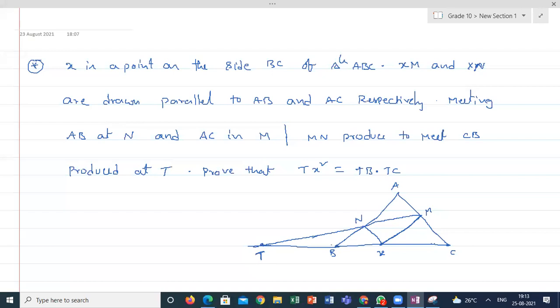TB and TC are related to which triangle, guys? I can say, is this a parallelogram? Or this is parallel to this?